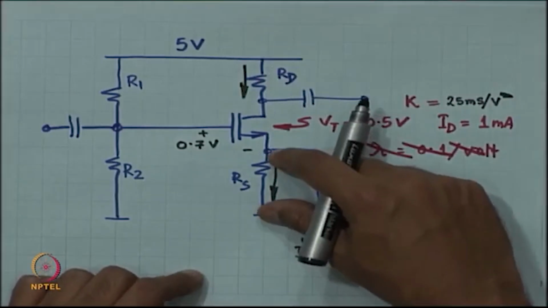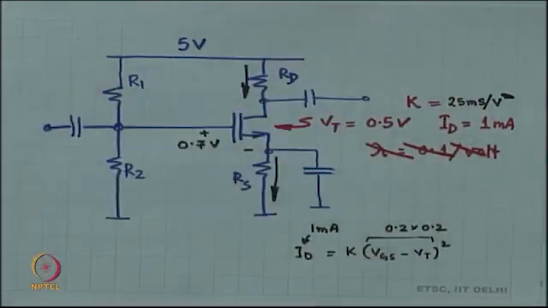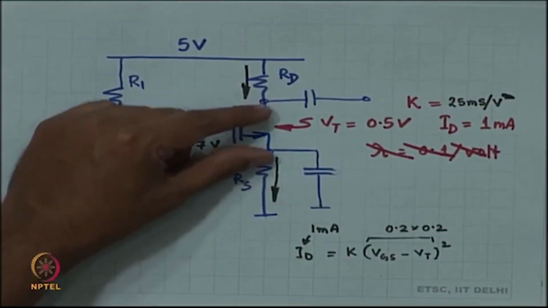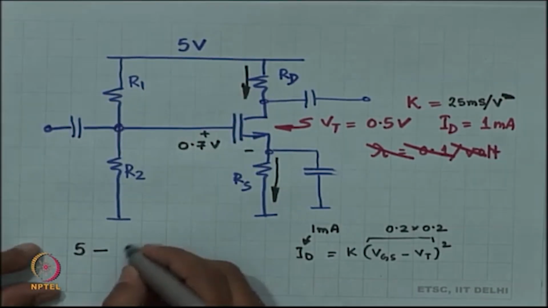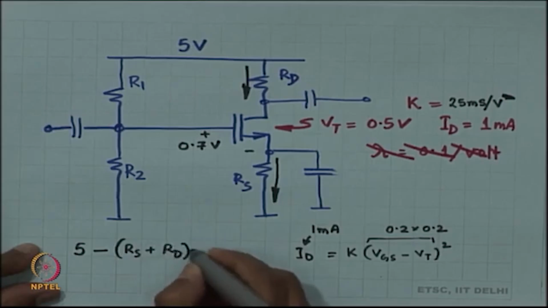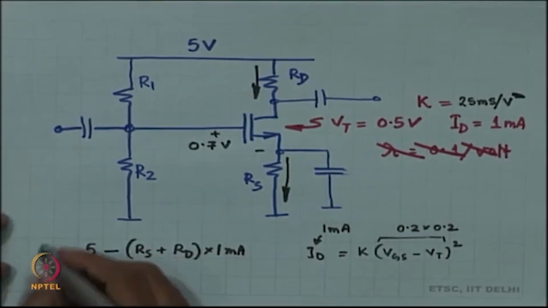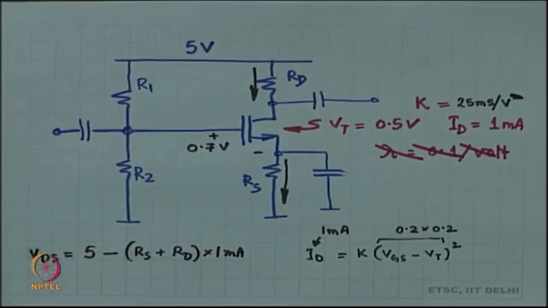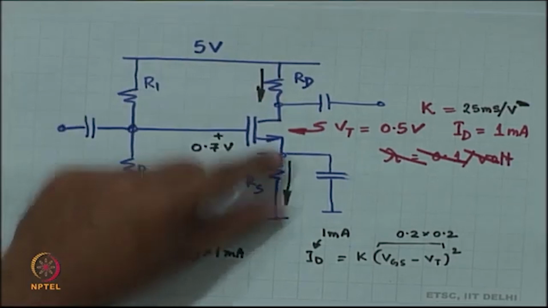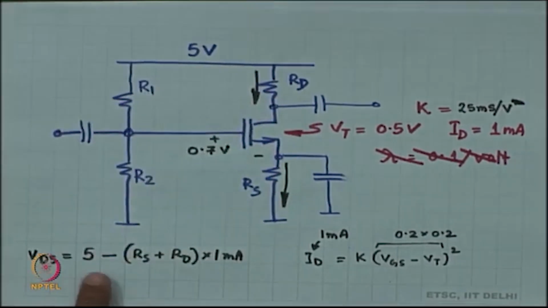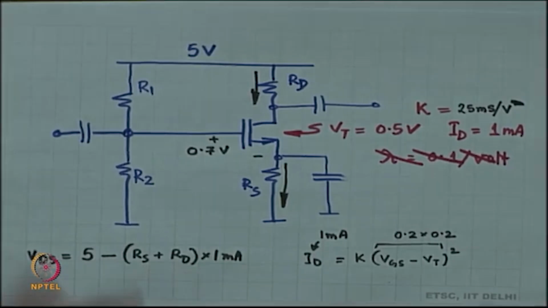So, this is 1 milliampere times Rs, this is 1 milliampere times Rd, and therefore, VDS is 5 volts minus 1 milliampere times Rs plus Rd. Fine. Do you understand what we are doing? 5 volts, RD times 1 milliampere, RS times 1 milliampere, the remaining part is VDS. So, VDS is 5 minus RS plus RD times 1 milliampere. Any questions so far? Okay.